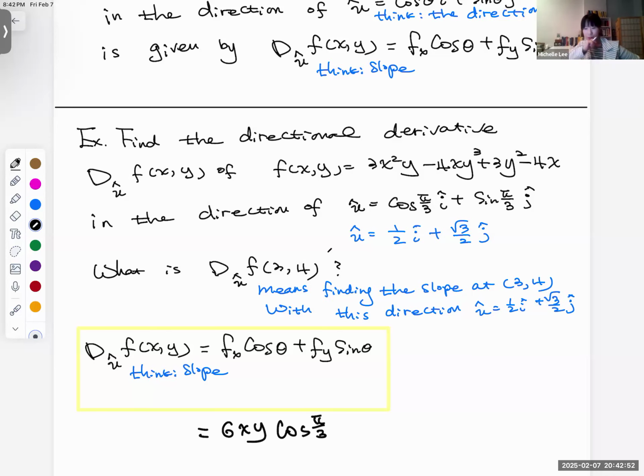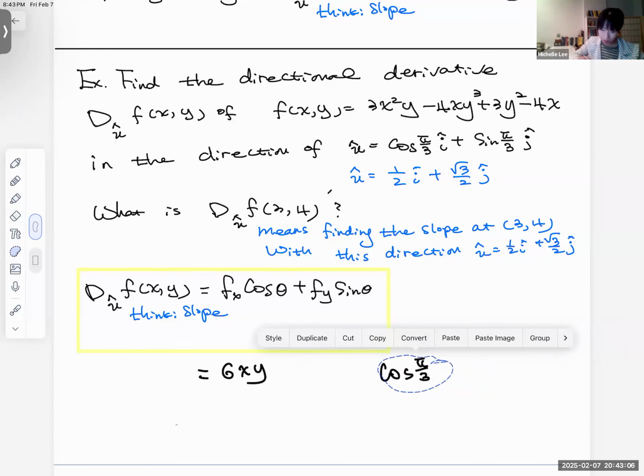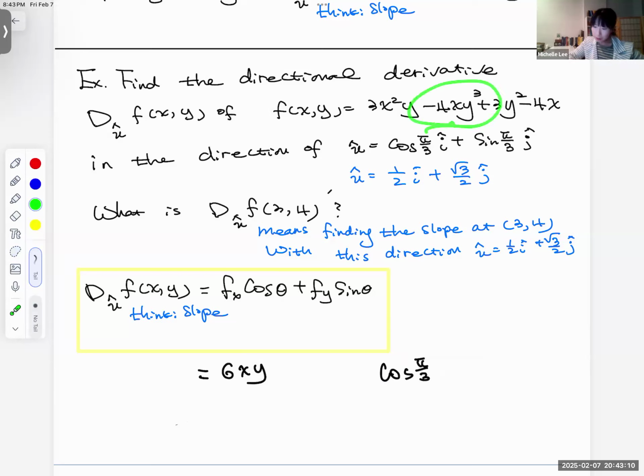Plus, second term: this is a constant, so we keep it, negative 4y to the third power.